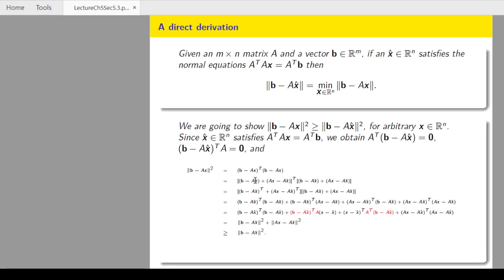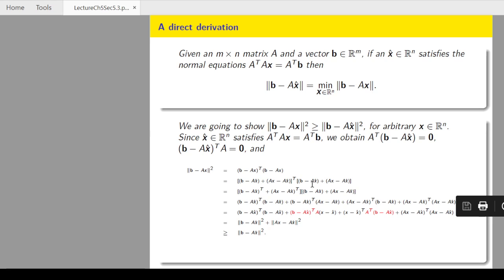We subtract A x hat, and then to keep the value, we add it back. Oh, I'm sorry, this should be minus. So b minus A x hat, then minus the brackets Ax minus A x hat. The same for the second term. I will change this in the latest PDF file.